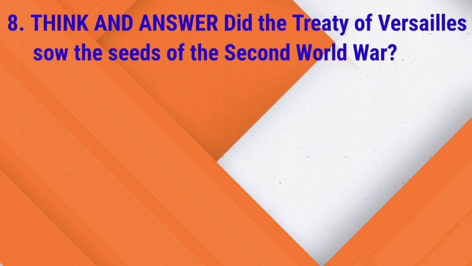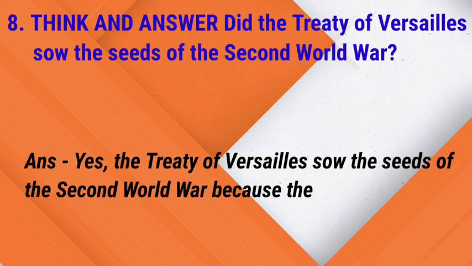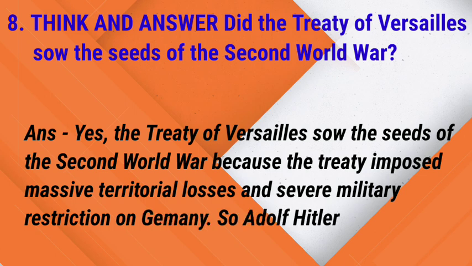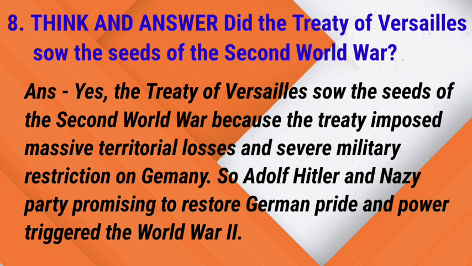Think and answer. Did the Treaty of Versailles sow the seeds of the Second World War? Answer. Yes. The Treaty of Versailles sowed the seeds of the Second World War because the treaty imposed massive territorial losses and severe military restrictions on Germany. So Adolf Hitler and the Nazi Party, promising to restore German pride and power, triggered World War II.